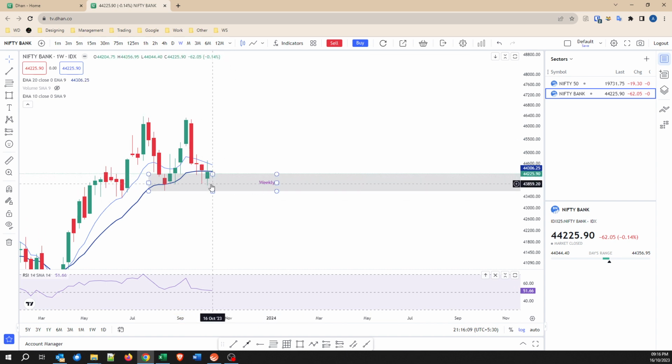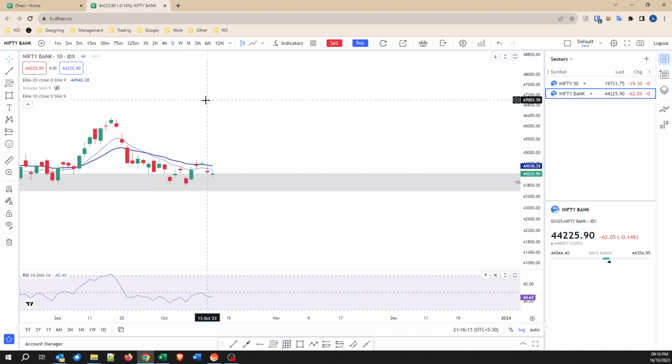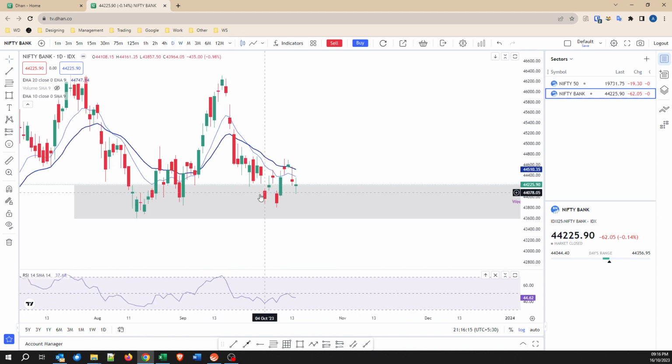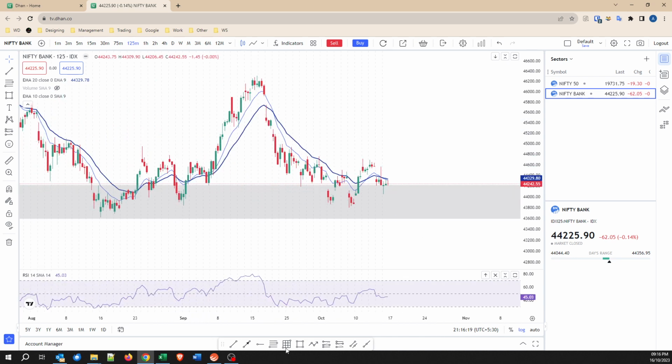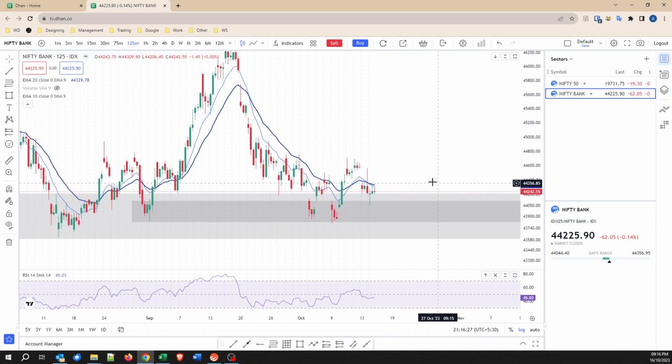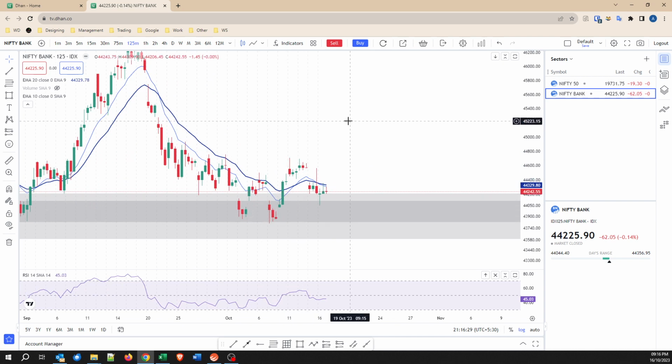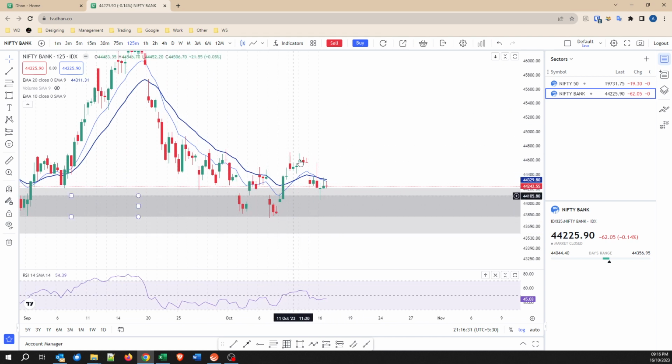It is still in the weekly demand zone. It has not yet given a good momentum. And within that weekly demand zone, we also had a demand zone here. This was the daily demand, 125-minute demand zone. As you can see, we got a good reaction from here, but again, it is retesting this zone.